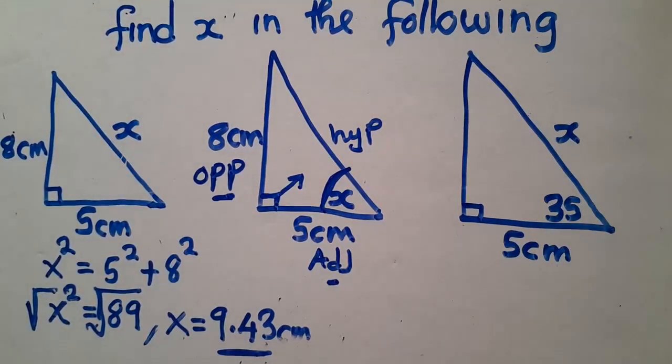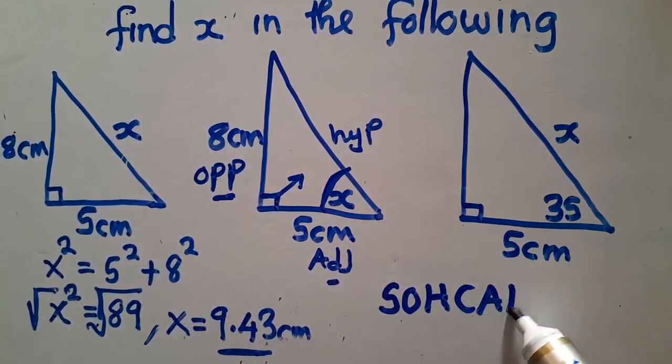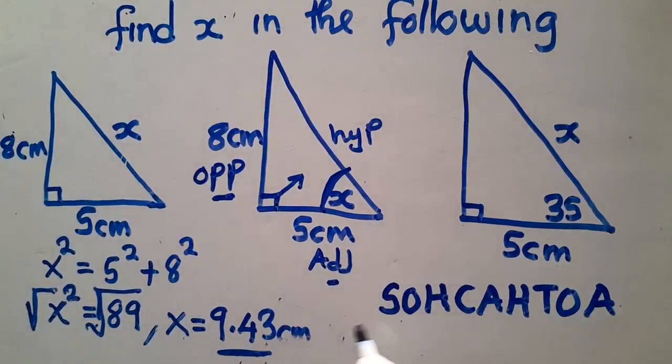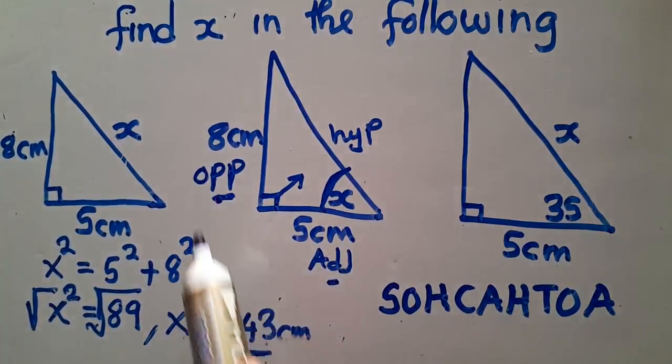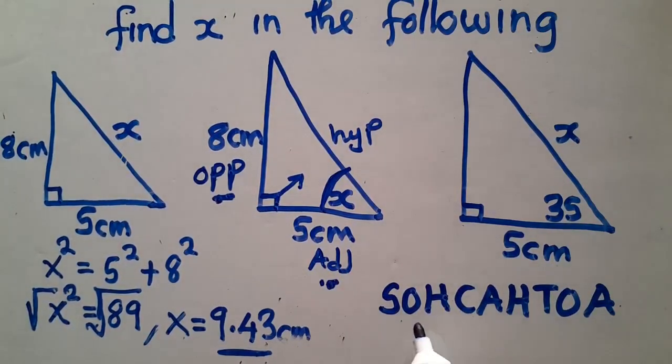These two are given. So if you write the word SOHCAHTOA, where do we have the opposite and the adjacent? Here we've got opposite and hypotenuse, adjacent and hypotenuse, opposite and adjacent.